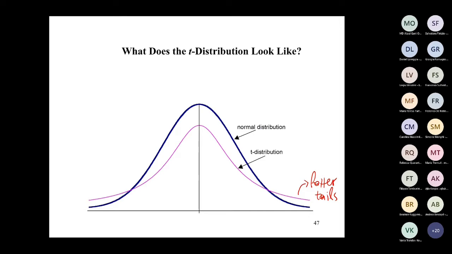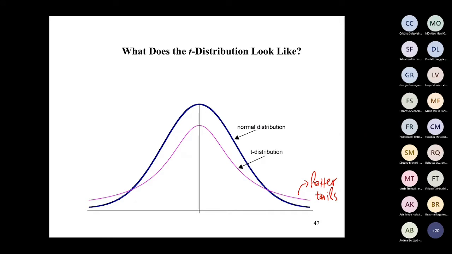Fatter tails means what? Could somebody help me? What does fatter tails mean? It is less precise, because the variance is more.